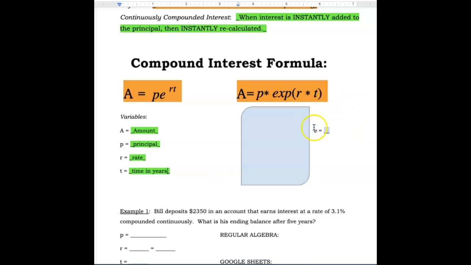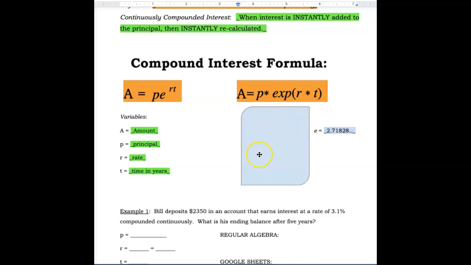So this new thing over here, e, is approximately 2.71828, and then it goes on and on and on. It's almost like pi in a sense, where 3.1415926, it goes on forever and ever. It's an irrational number.